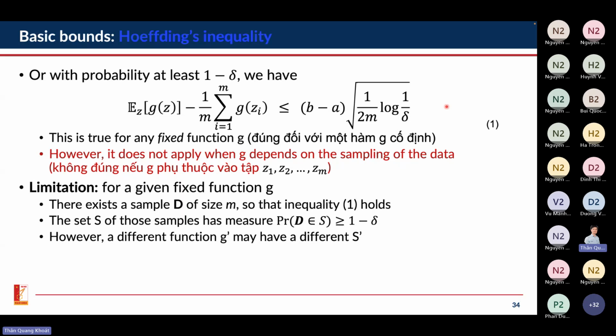And the set of all of those data sets can be large, right? Because we have the probability of D is at least 1 minus delta, right?